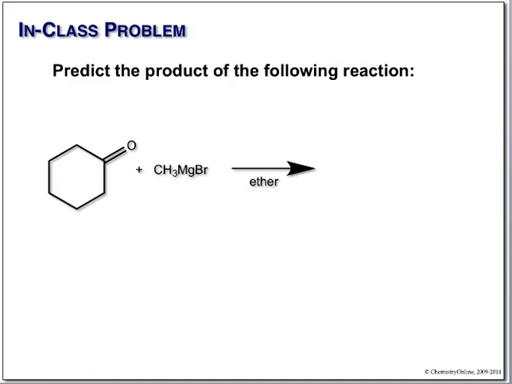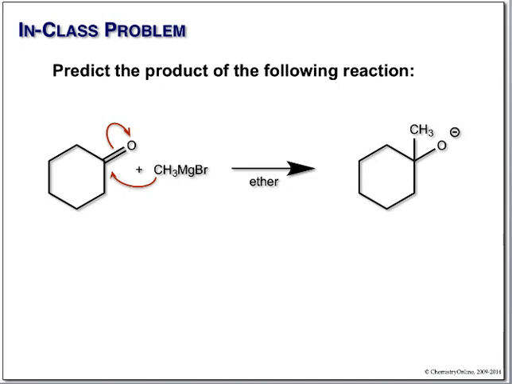When you see this, it should scream at you, my methyl group is going to act as a carbanion. It's going to be my nucleophile and simply add to the carbonyl carbon. Our addition intermediate is going to look like this. We have gone from a simple ketone to this oxyanion.